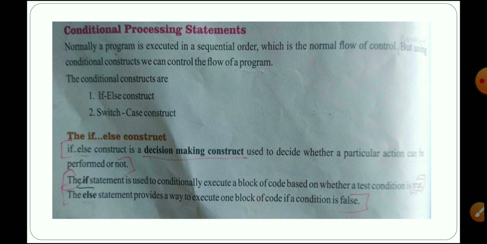That is what they call an if else construct. So first we check the condition; if it is true, one block of code is executed, and if it is false, it goes to the else block, where the coding structure there is executed. This is the explanation of the if else construct.